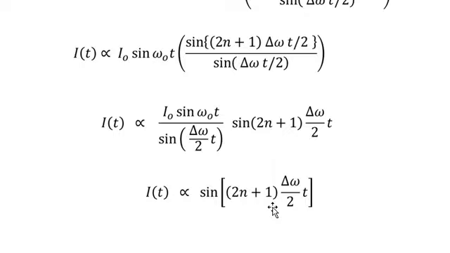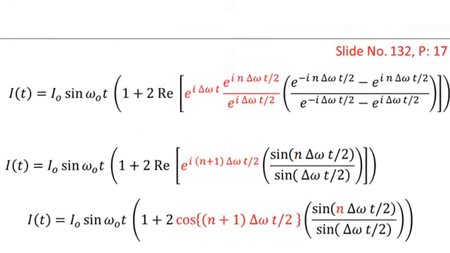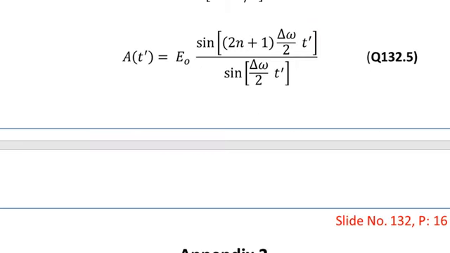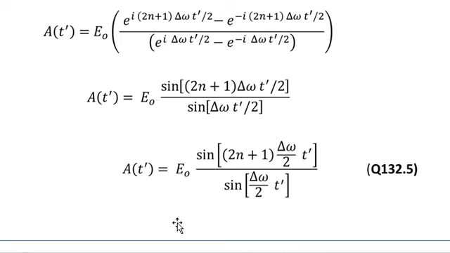And here I am talking about the intensity parameter. The intensity has a dependence on the parameter 2n plus 1, whereas the amplitude of this is the unmode locked case. And you know that for the mode locked case, which I have discussed in appendix number 1, the amplitude is proportional to 2n plus 1.